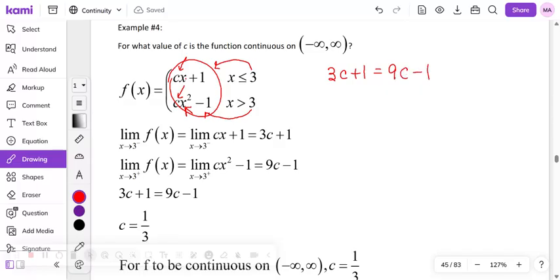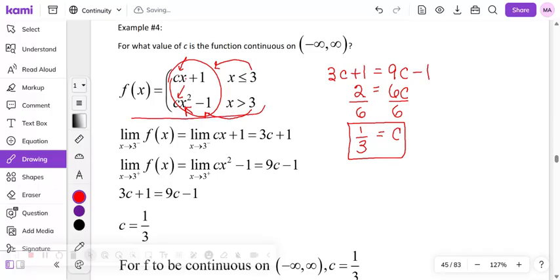And then we're going to solve. Subtract the 3c, we get 6c. Add the 1, we get 2. Divide by 6, divide by 6, we get c equals 1/3. So the only value that would make this piecewise function continuous from -infinity to infinity is if we put a 1/3 in here for c.